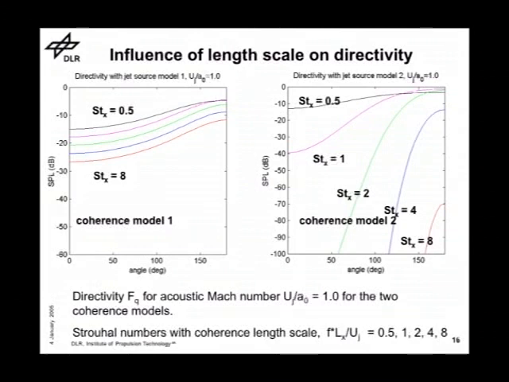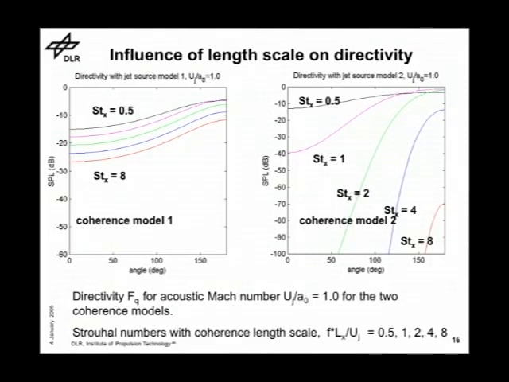Now, a study of the coherence length scale on the directivity. The Strouhal number is defined here with the coherence length scale, and if you increase the length scale, the directivity... I'm not sure about this. If I have not reversed this, sorry, I have to check.